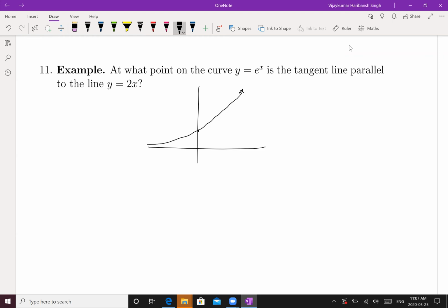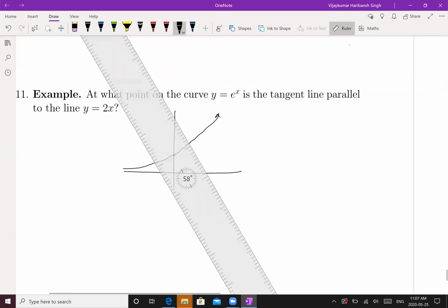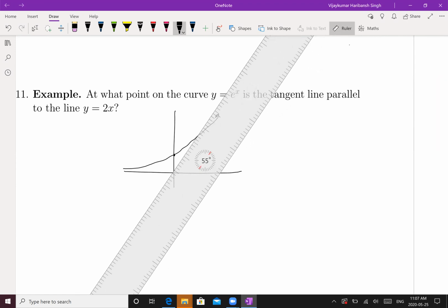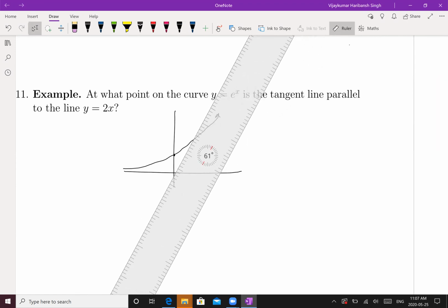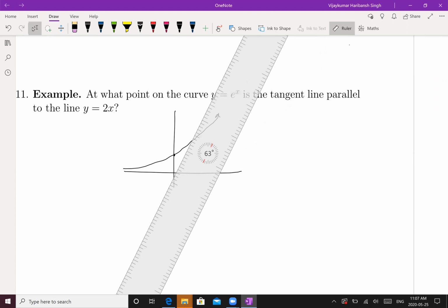It grows like an exponential function, and you have tangent lines at every point. And now you're asking about y equals 2x, which looks more like this. This is roughly how y equals 2x will look.